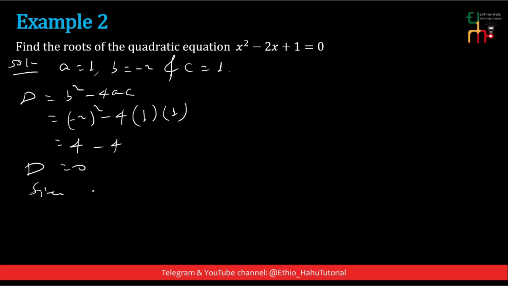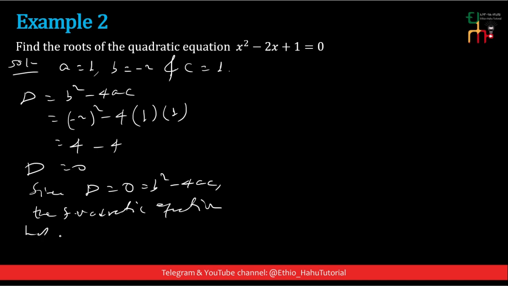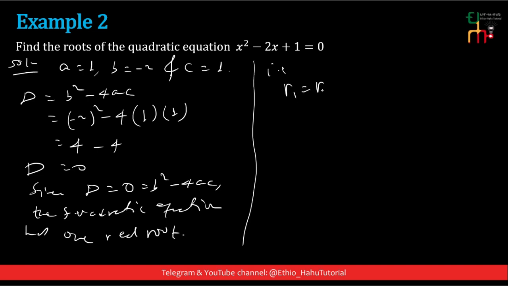Since the discriminant d, which is equal to b squared minus 4ac, is 0, the quadratic equation has one real root, that is, r1 is equal to r2.